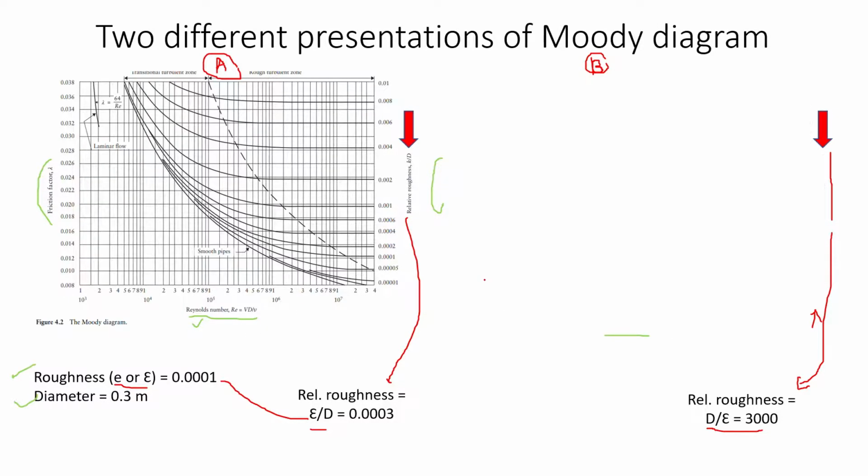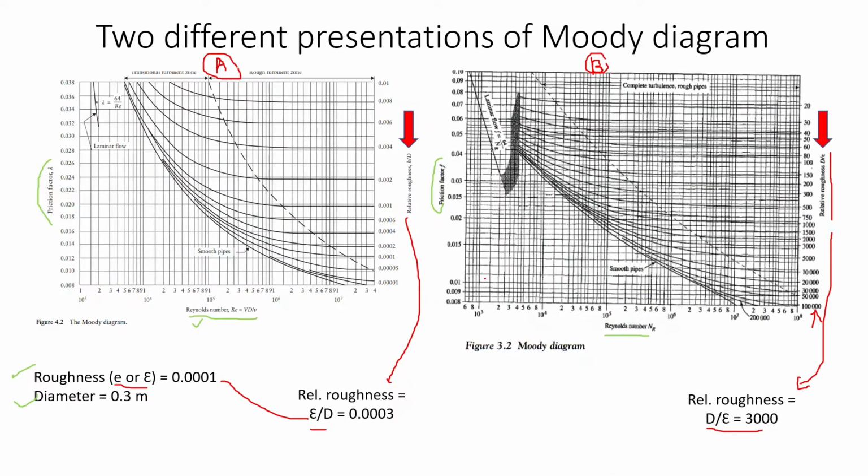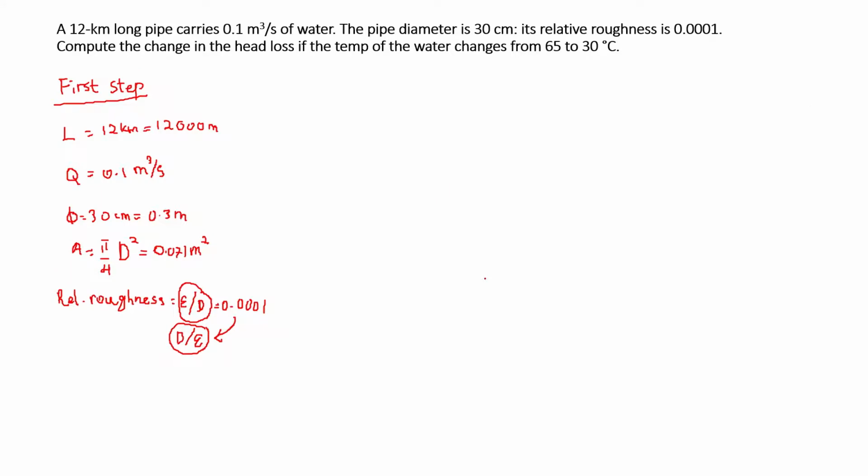Correct? So then it should be epsilon over D, not D over epsilon. So please pay attention to what information is given. When you see this, you know which Moody diagram you should use.